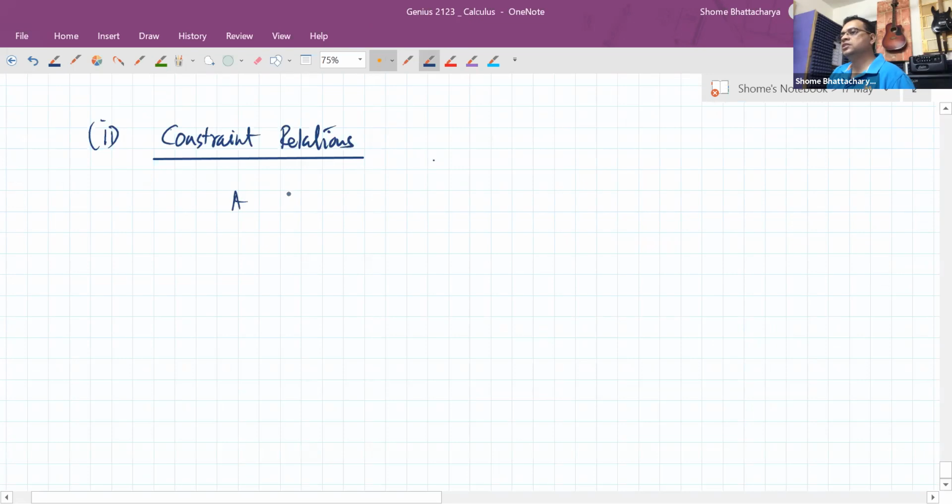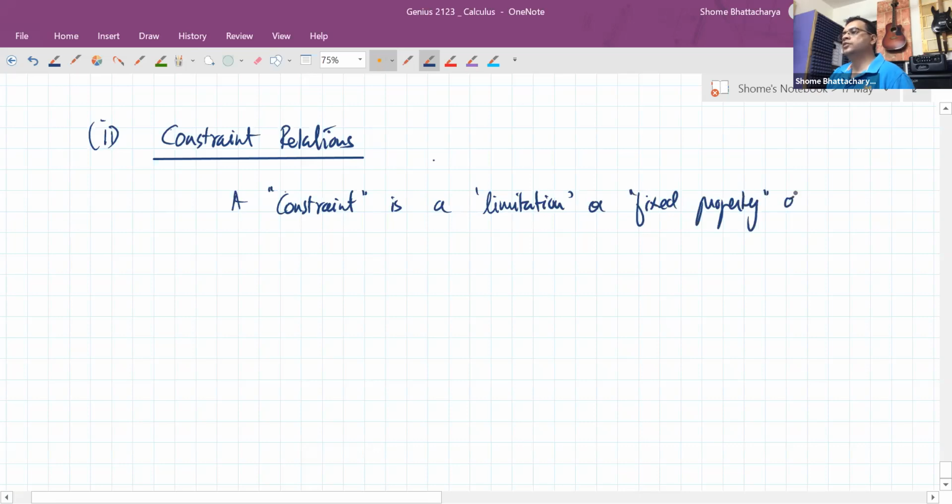So a constraint is a limitation, you can say, or a fixed property of a system. So sometimes we make use of that.